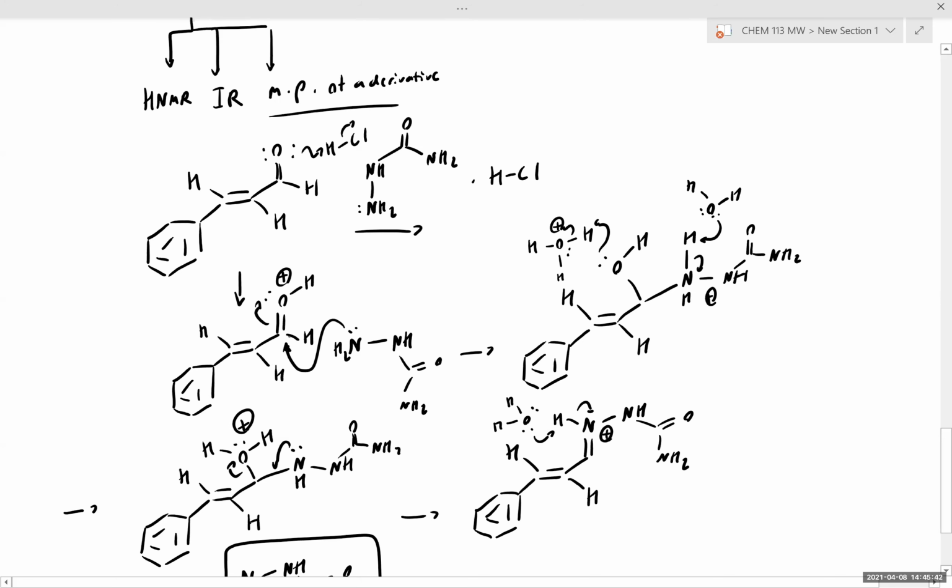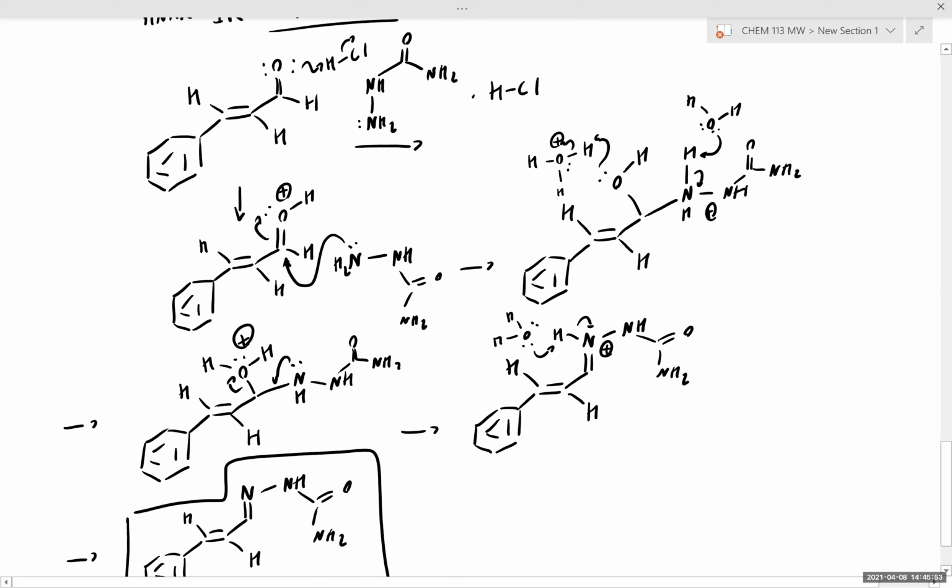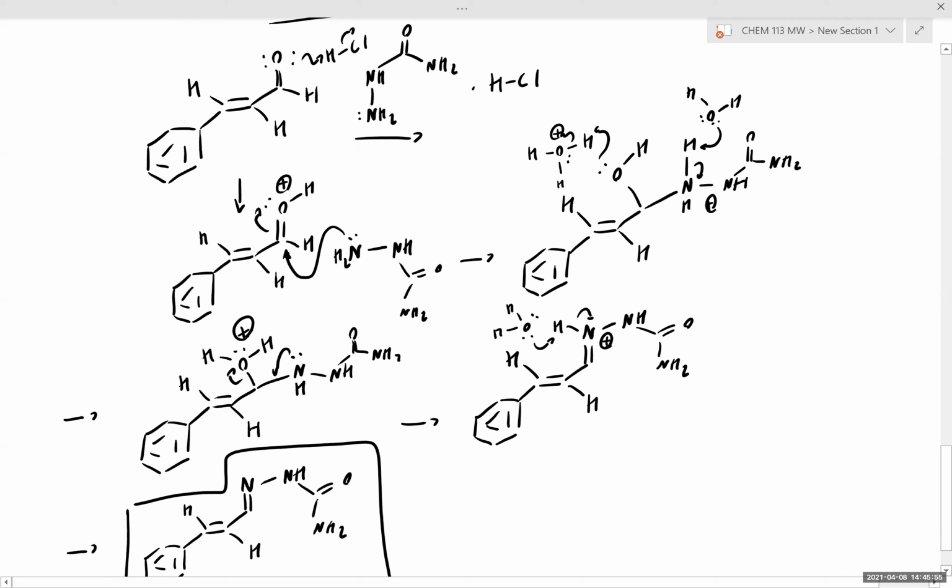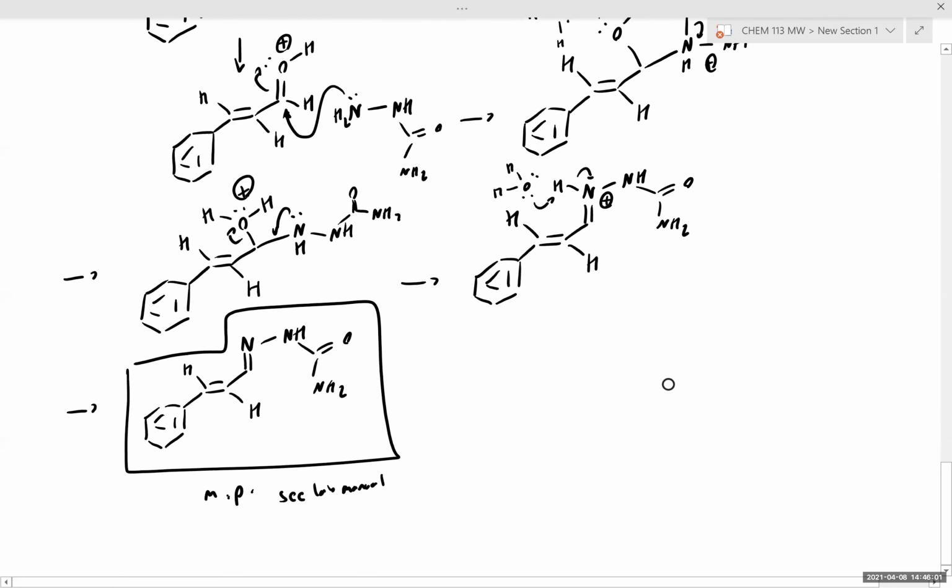Our nucleophilic amine will attack the carbonyl carbon. We're going to see a series of proton transfers to activate water as our leaving group. We're going to kick out water as our leaving group, and then we're going to deprotonate our nitrogen atom to give us the neutral semicarbazone derivative.